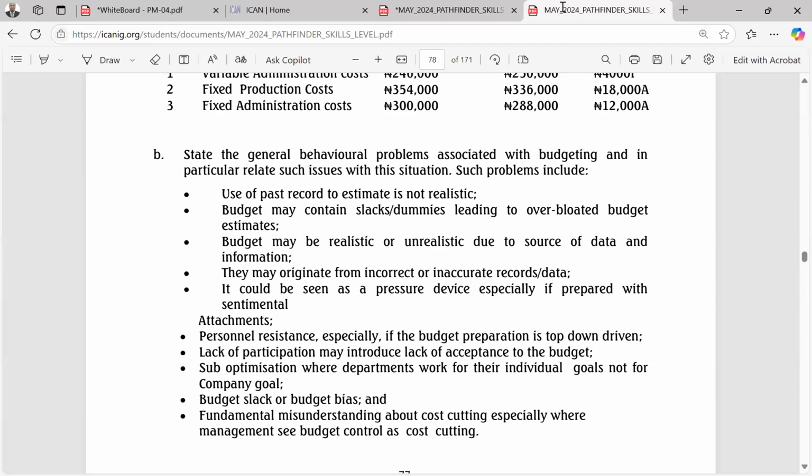So your source data may be realistic or unrealistic, giving you the kind of budget you're having. They may come from accurate or inaccurate records. And it could be prepared with sentiments.